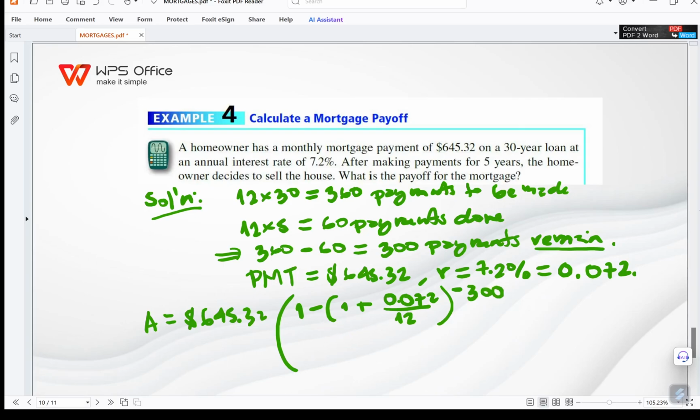Then we divide it by the rate, which is 0.072 divided by 12.